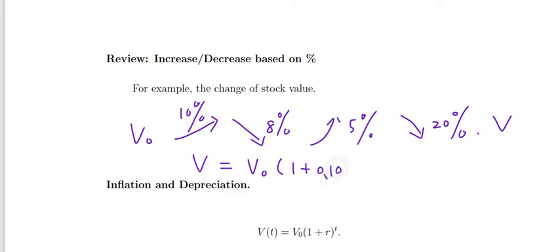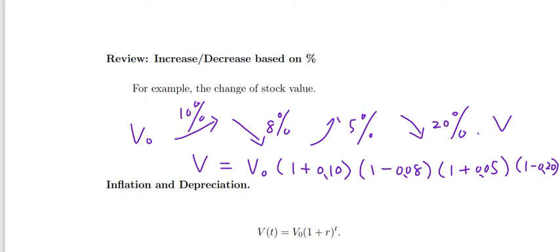Then a decrease is 1 minus 8%. Then an increase of 5%, so an increase is 1 plus, right? Then a decrease is 1 minus 20%. Using this way, we can easily find the value after those changes.